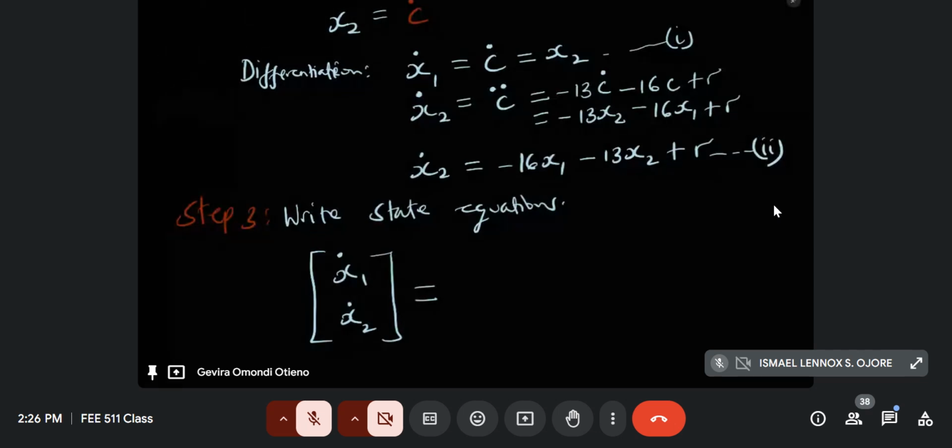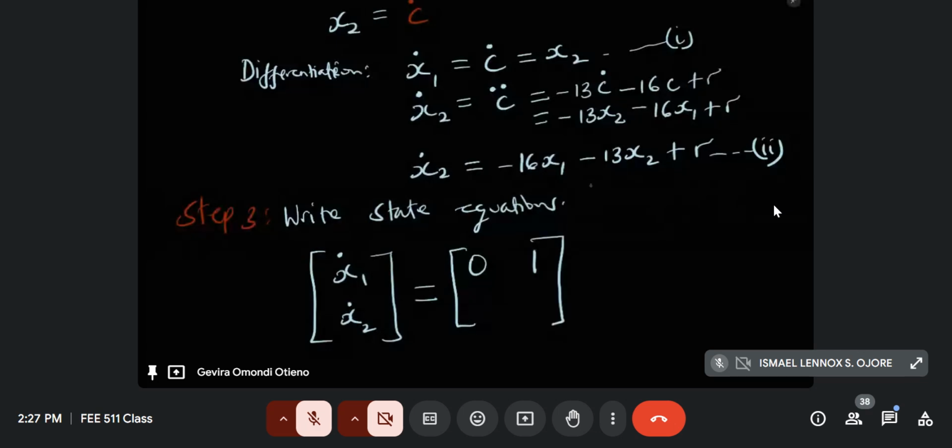So you can see that for x1, the corresponding element there is 0. Because x2, the coefficient of x2 is 1. For the second case, the coefficient of x1 is minus 16, and the coefficient of x2 is minus 13. So x1, x2, like that.